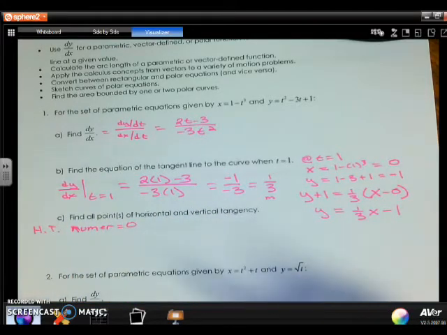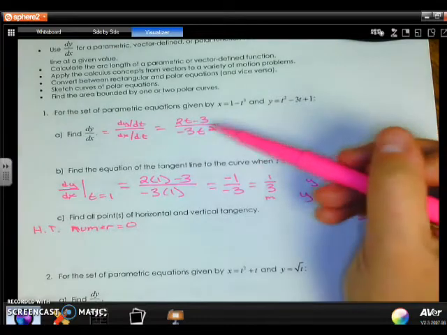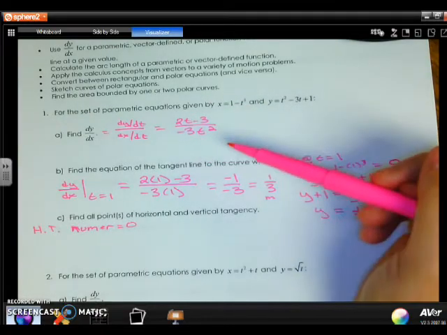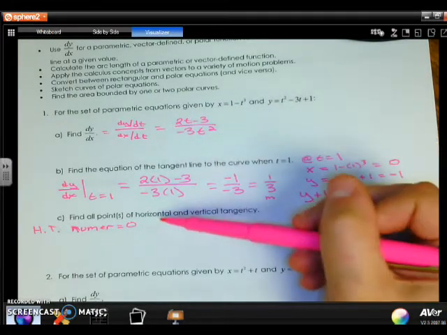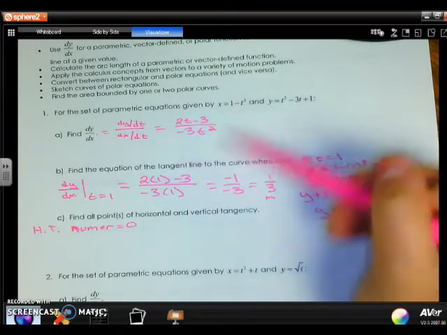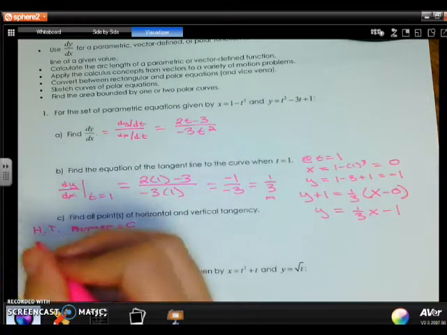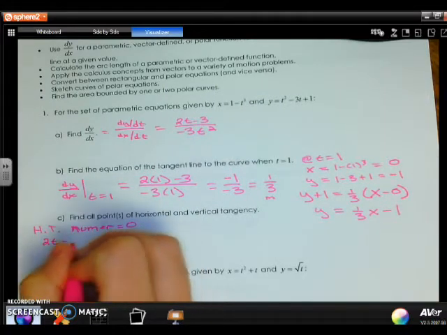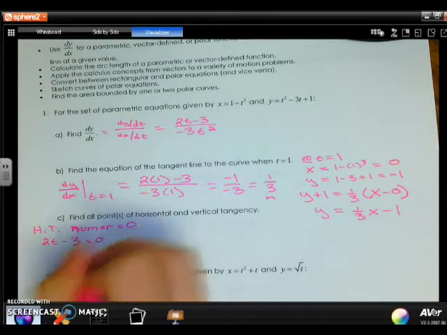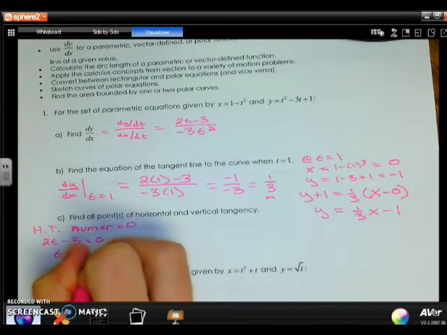I'm talking about the derivative from part A, which is the slope. This equals 0 when the numerator equals 0, so I'm setting the numerator equal to 0, and that gives us 3/2.